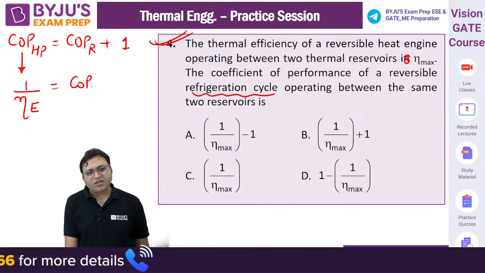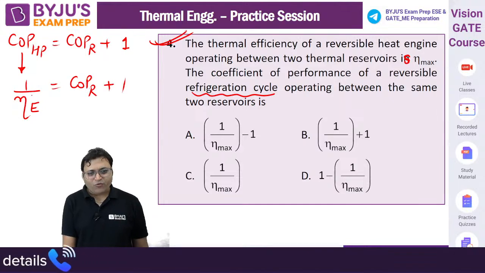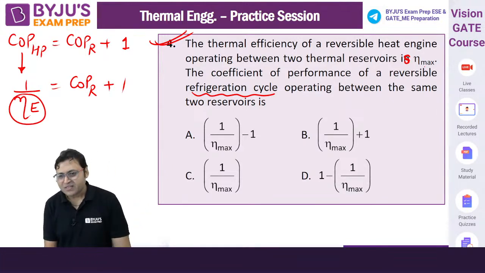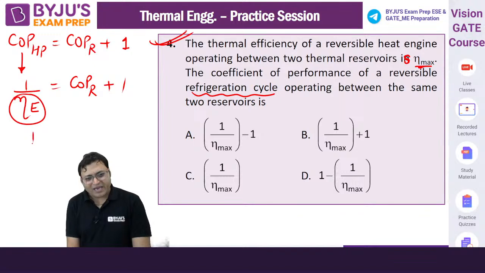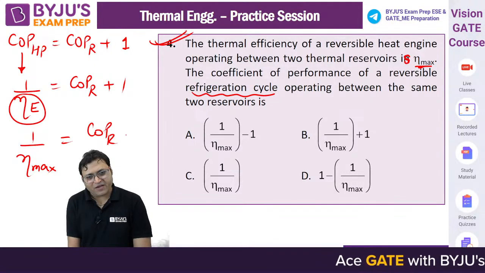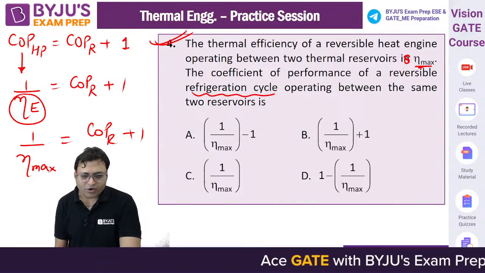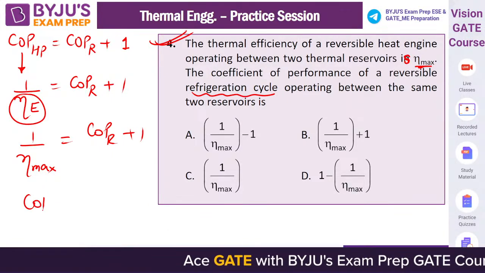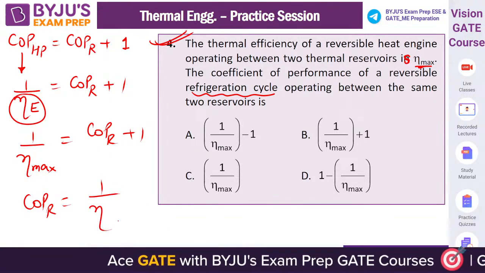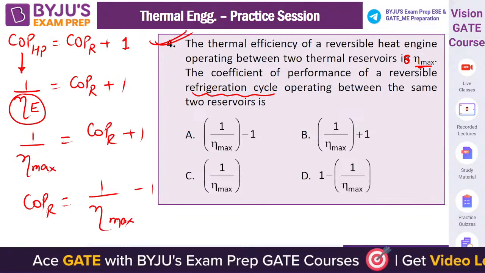The thermal efficiency of the engine is eta max. So 1 upon eta max is equal to COP for refrigerator plus 1, so COP for the refrigerator is equal to 1 upon eta max minus 1.